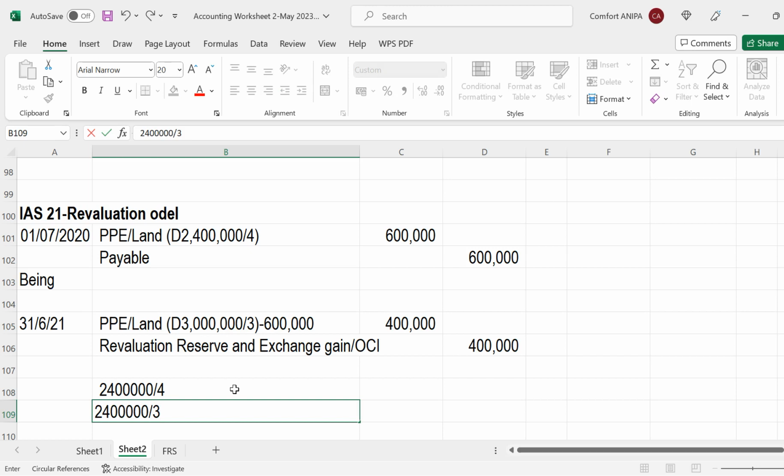And this gives you 800,000, whilst the same 2,400,000 translated at 4 gives you 600,000.